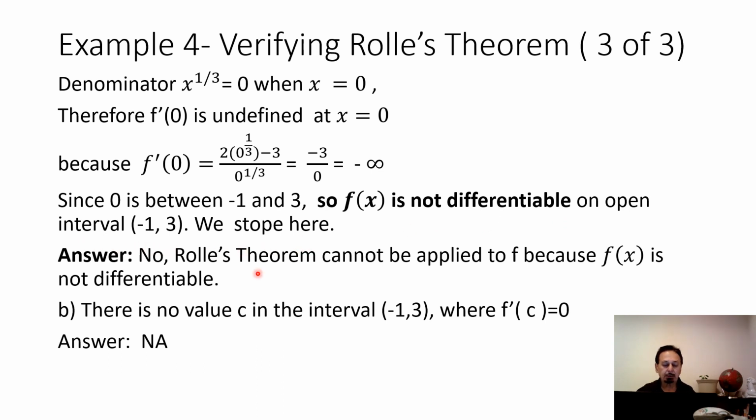So we stop here. We say Rolle's theorem cannot be applied. And since Rolle's theorem cannot be applied, the answer to part B is there is no value c in the interval negative 1 to 3 where f prime of c equals 0. So the answer is no, and NA.